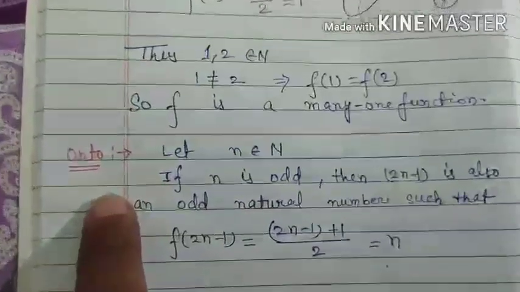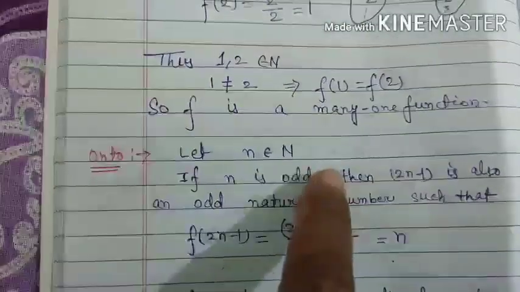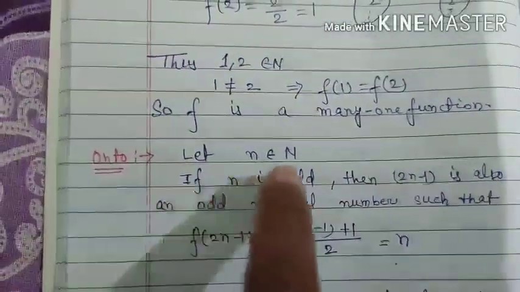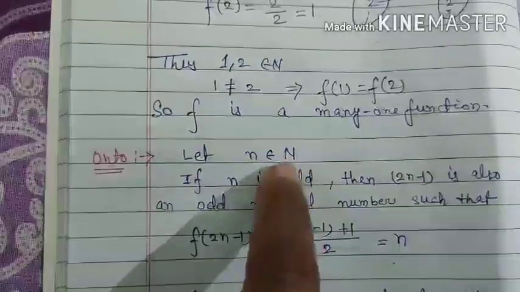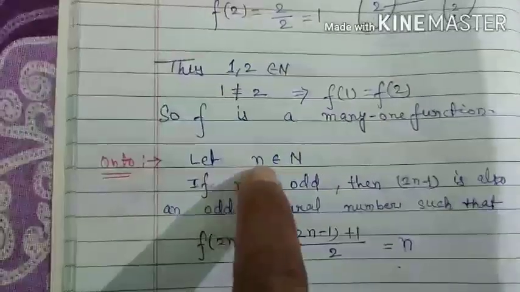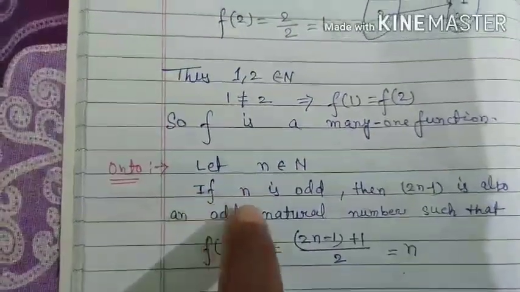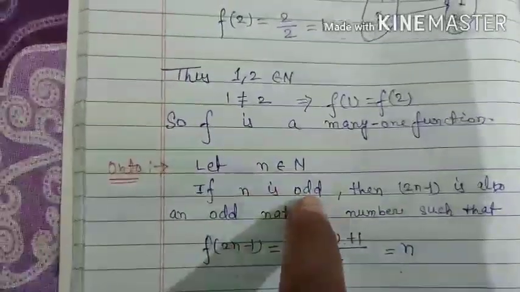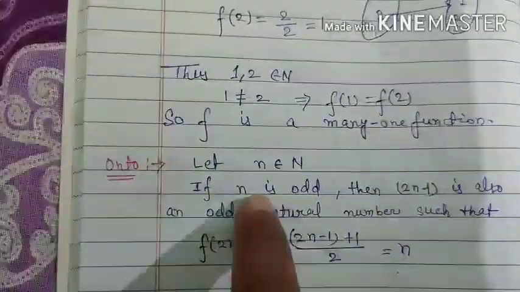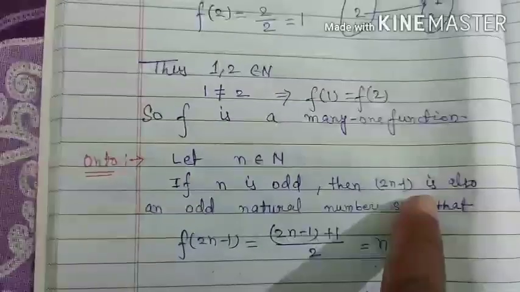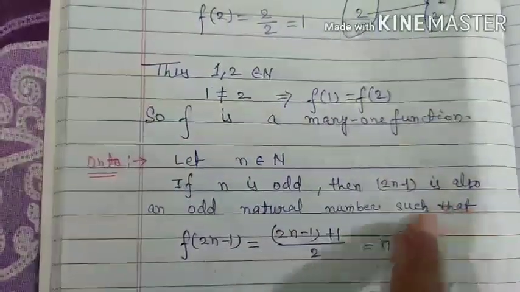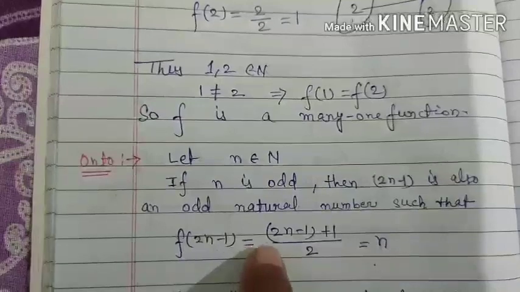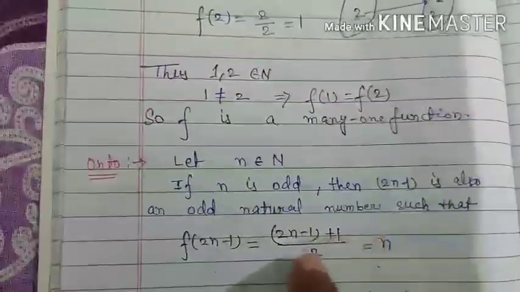Now onto. Let n belong to N. This is the set of natural numbers, this capital N, and this n is any natural number. If n is odd, natural number can be odd or even also. If n is odd, then 2n minus 1 is also an odd natural number such that f(2n minus 1) equals (2n minus 1 plus 1) upon 2.